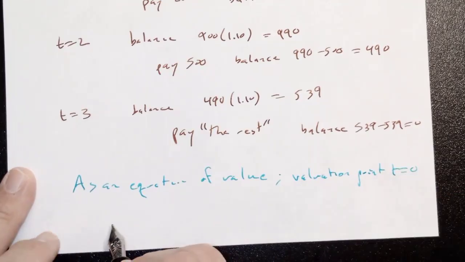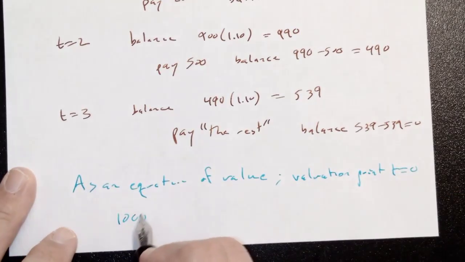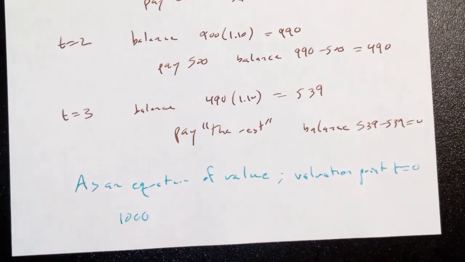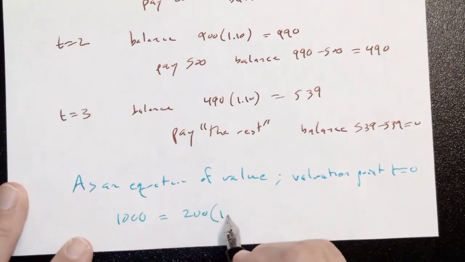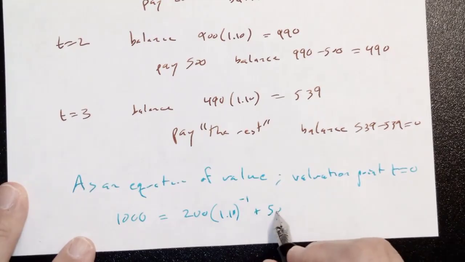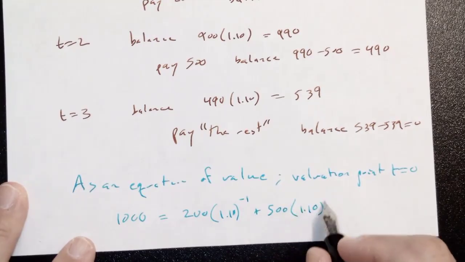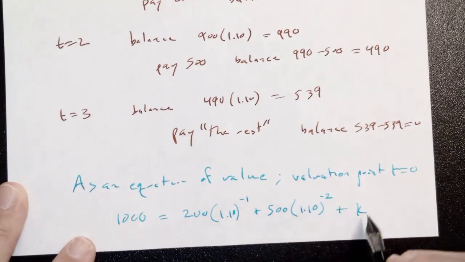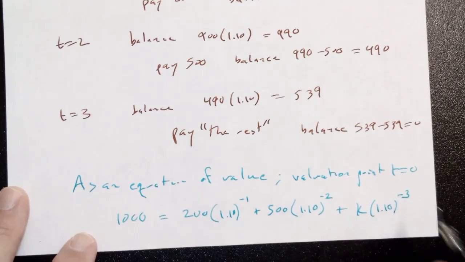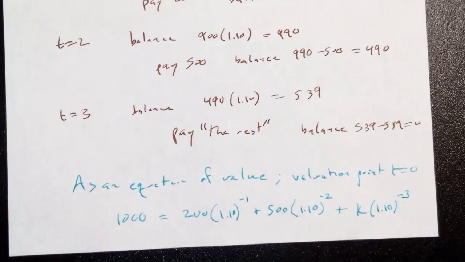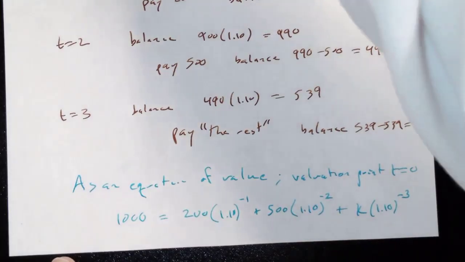So at time 0, I have $1,000, and that's got to be the present value of all of the other payments. 200 brought back 1 year. 500 brought back 2 years, and our unknown amount brought back 3 years.